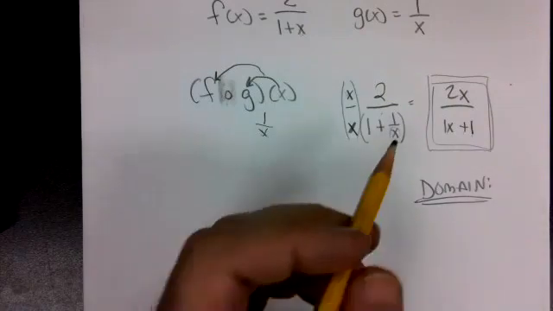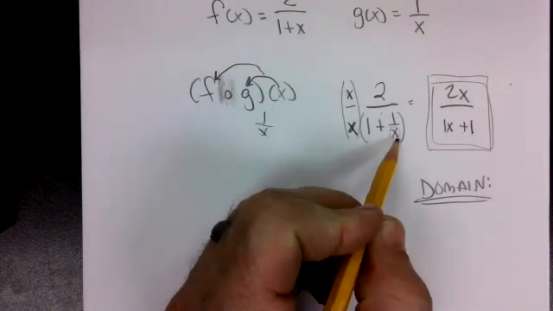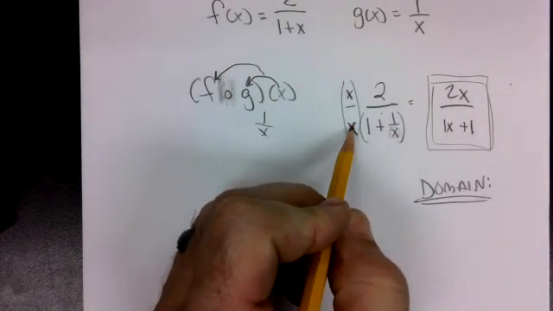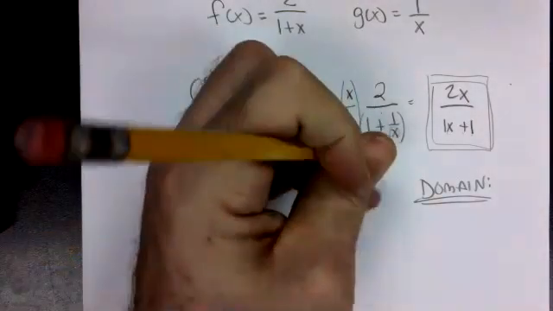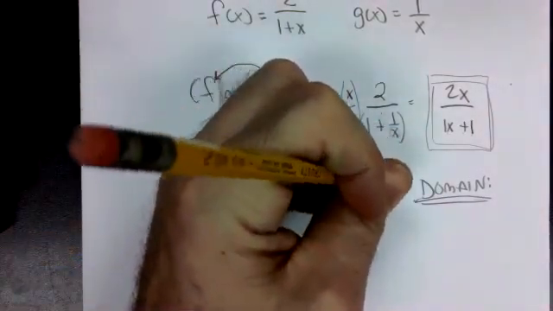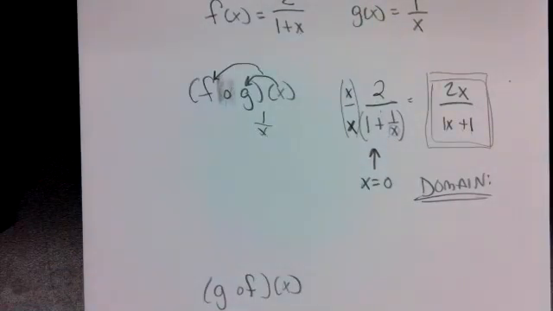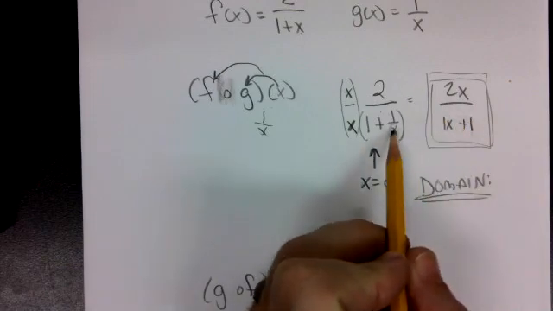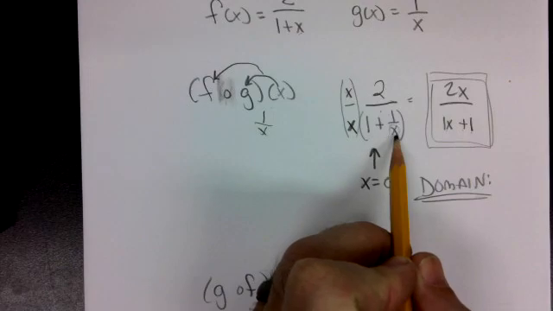Because x was on the bottom here, and because we multiplied it by x over x, looking at this problem, we still can't allow x to be 0. Even though it doesn't matter in our finished problem, within the context, if x is 0, that causes division by 0.